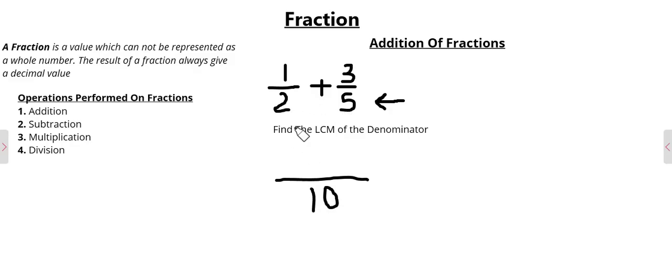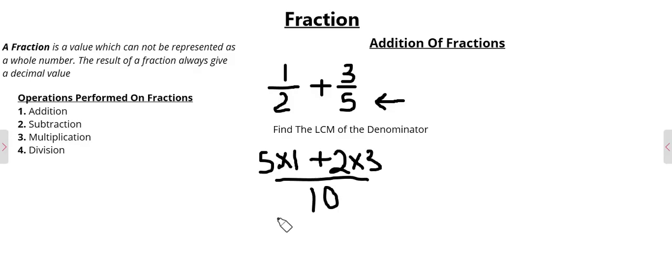So 10 divided by 2 is going to give us 5, right? 5 times the numerator of 1 is, 5 times 1, plus 5 dividing 10 is going to give you 2. 2 times the numerator of 3 is what? 3. Now so what do we do next?